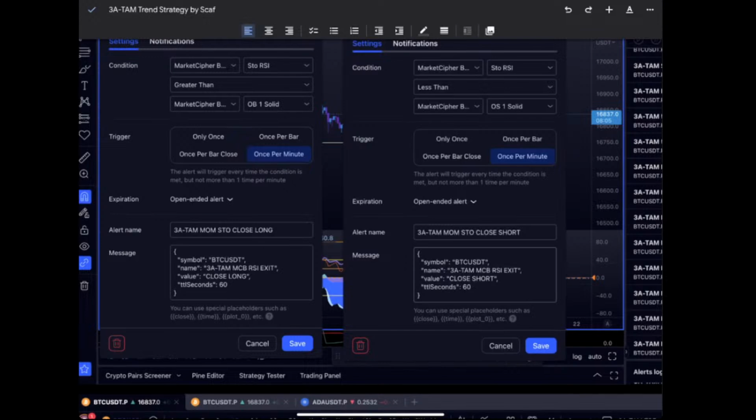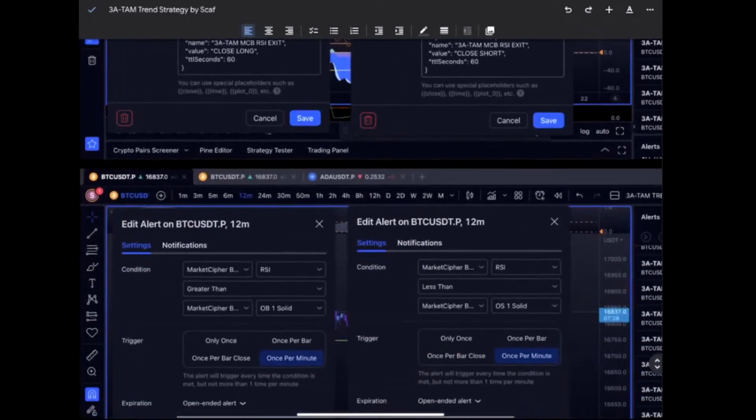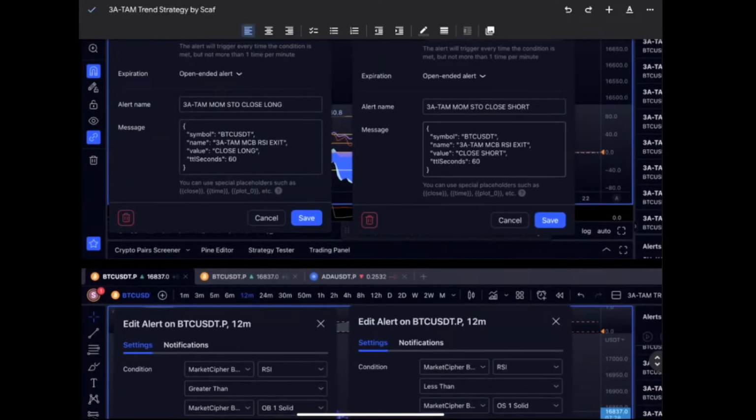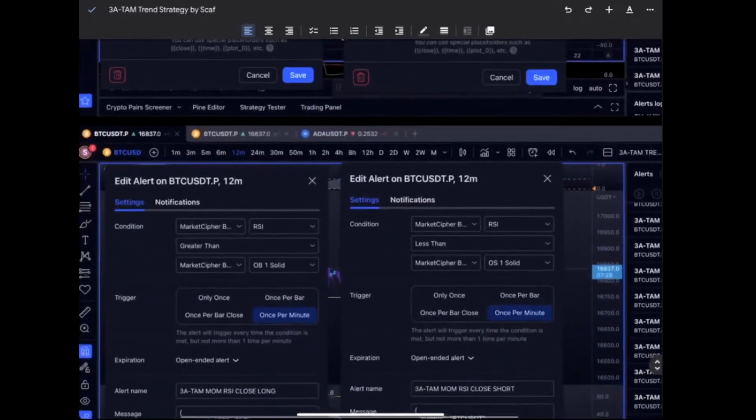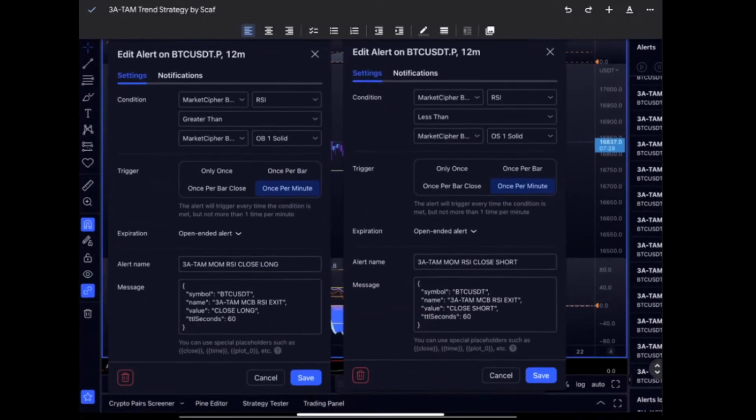But what you see now on the next one, because I'm closing the signal, which is MCB RSI exit, I'm getting closed long or closed short based on the stochastic. Now, if you go up here, I'm going to use the same label, the same confirmation, but now the standard RSI, if it closes above overbought or below oversold, I'm going to close long or close short.